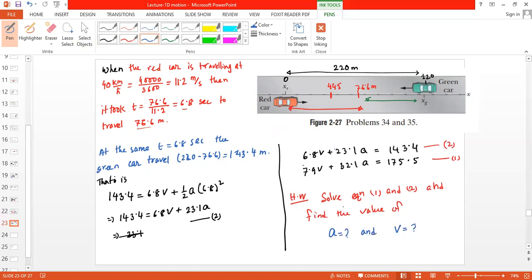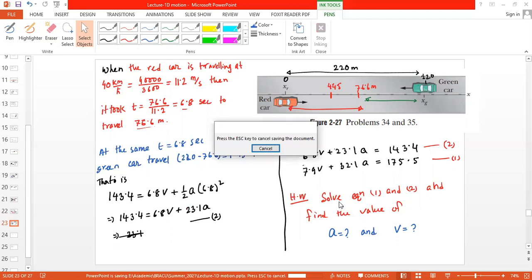This is very easy math. You just have to use the substitution technique or another method. I think you can do it, right? My dear students, can you do it?